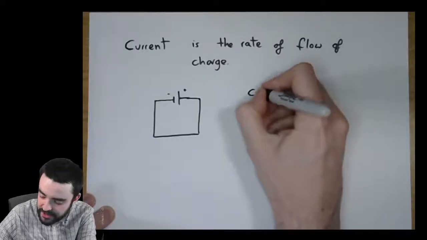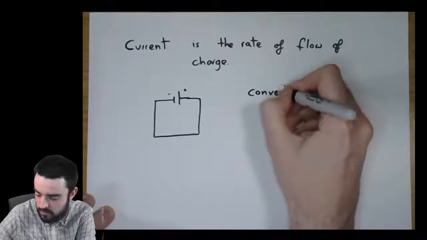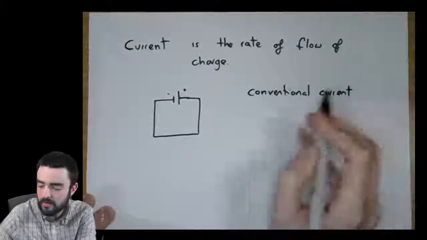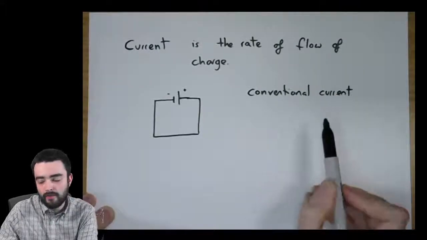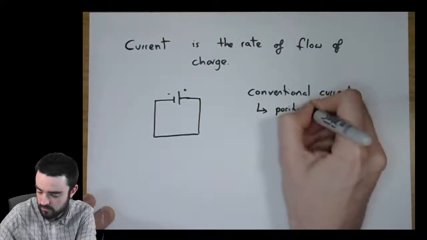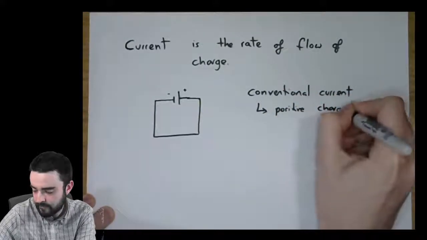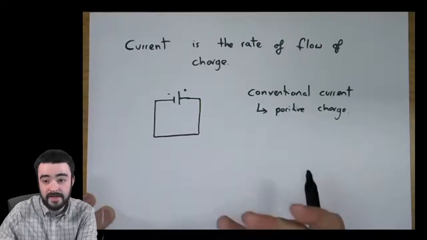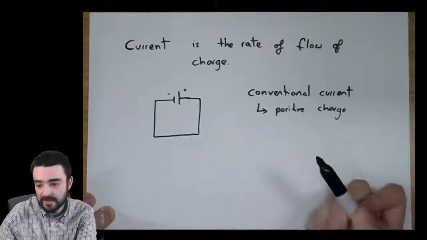Now, conventional current, well, this is the flow of positive charge. But electron flow, the flow of the negative charges, is going to be the opposite of this.